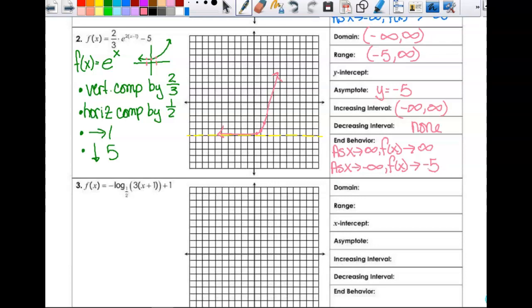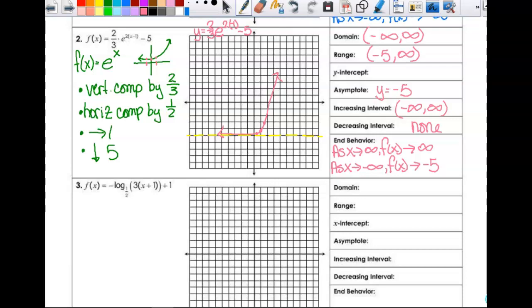the y-intercept. So my y-intercept is when x is 0. So my y is going to equal 2/3 times e to the 2 times, well, when x is 0, that'll be a -1 right there, minus 5. Okay.